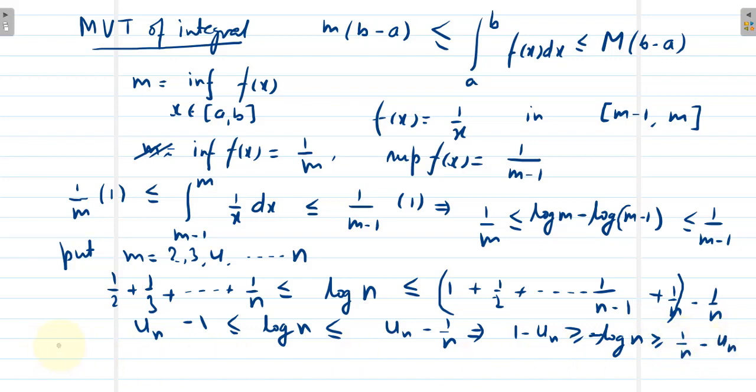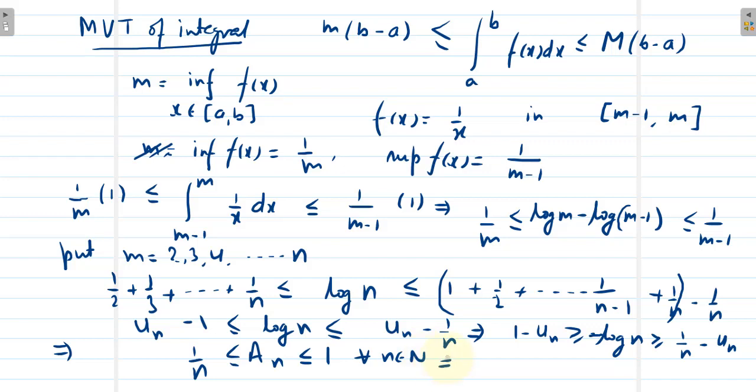Now if we add u_n to all the terms, in the center we get u_n minus log n, which is nothing but a_n, and this a_n will be greater than or equal to 1/n and less than or equal to, on the right hand side u_n will get cancelled and we are getting just 1, for every n belonging to N.